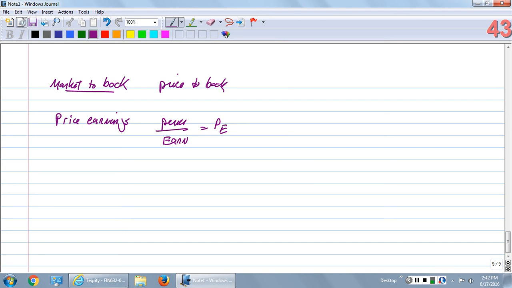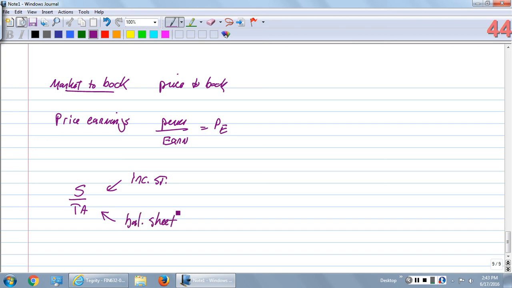A couple of things also that your book talks about when you're pulling numbers off of your financial statements. For instance, maybe there's a ratio like sales over total assets. See, the sales number comes from the income statement. The total assets, if you remember, comes from the balance sheet.